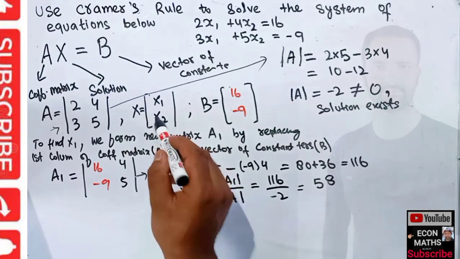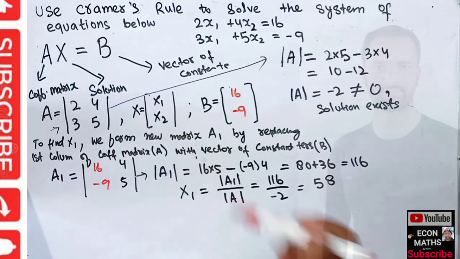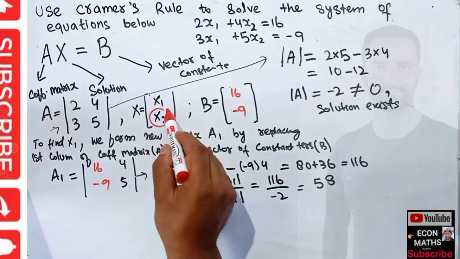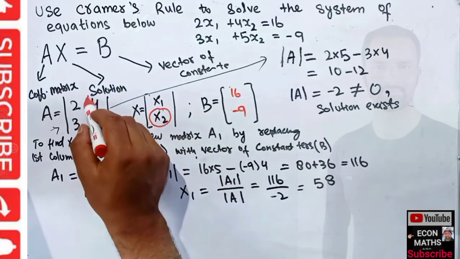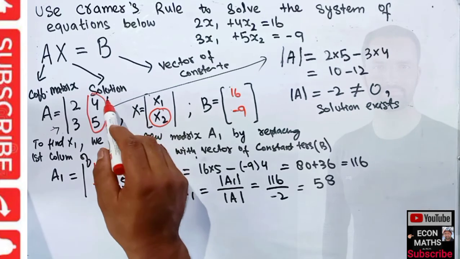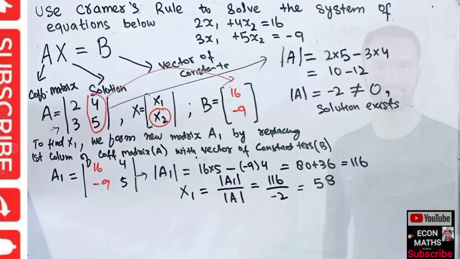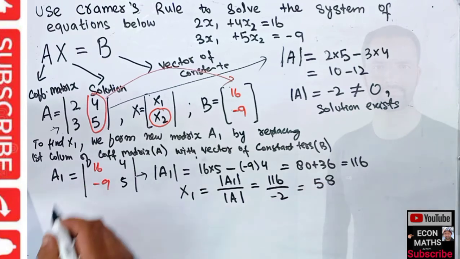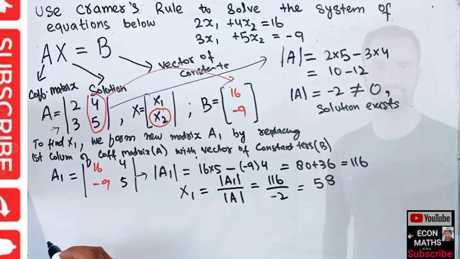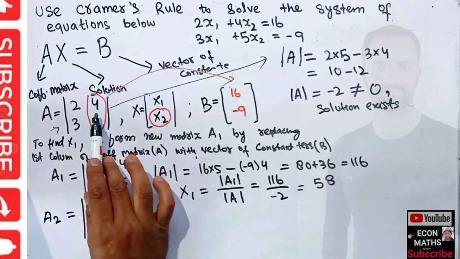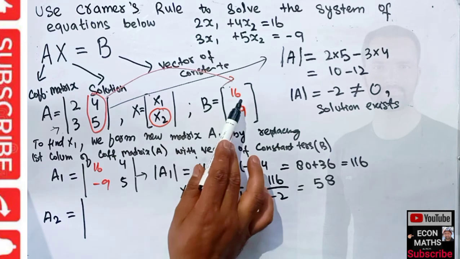Similarly, if we want to find the value of x2, we replace the second column of the coefficient matrix with the vector of constant terms and take the determinant of the resulting matrix. So new matrix A2 will be formed by replacing the second column of the coefficient matrix with the vector of constant terms.